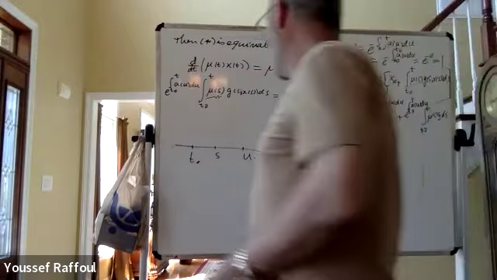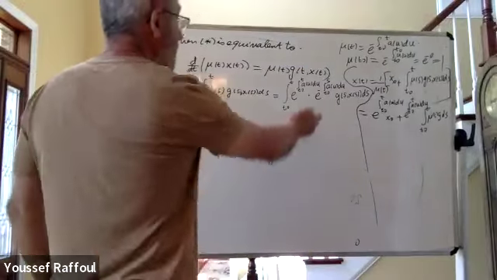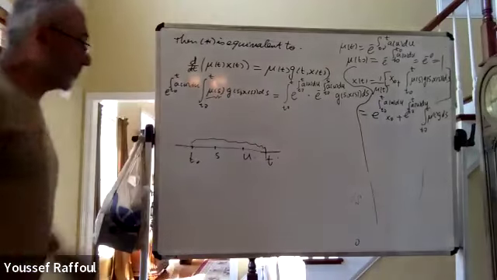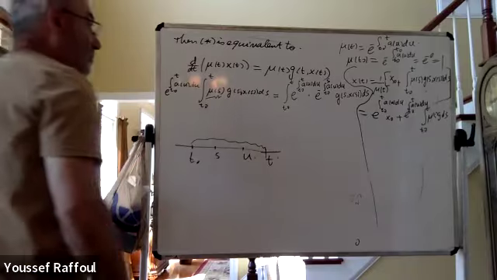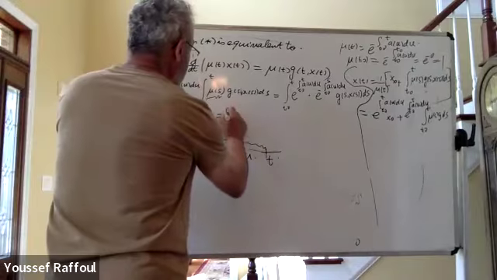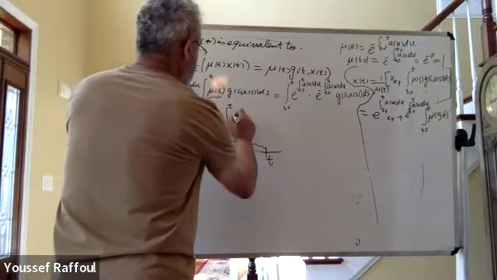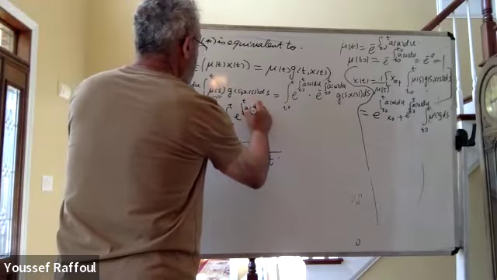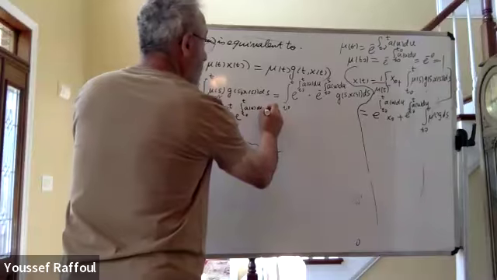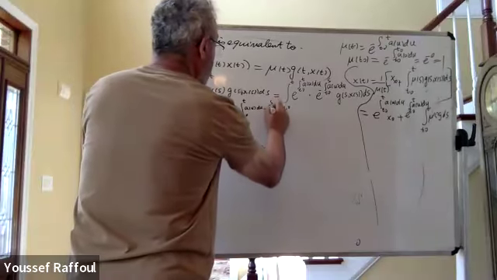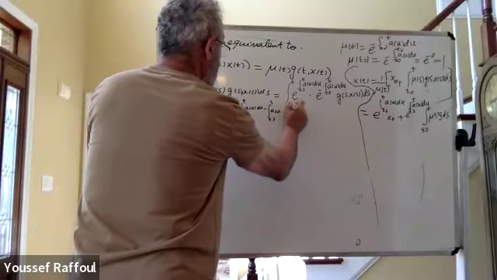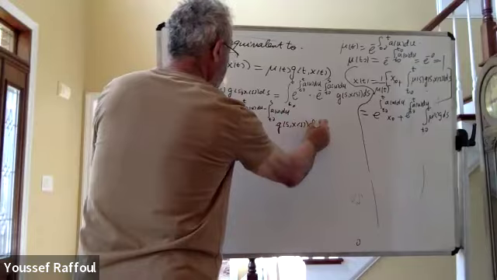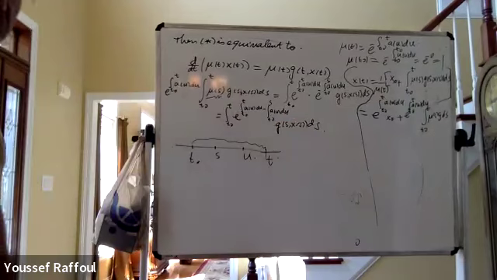From here, u from t naught to t, I have all the way from here to here, minus. So if I want, I can write another line for you. This says e to the integral from t naught to t of a(u) du minus the integral from t naught to s of a(u) du times g(s, x(s)) ds. You see, you can add the exponent.